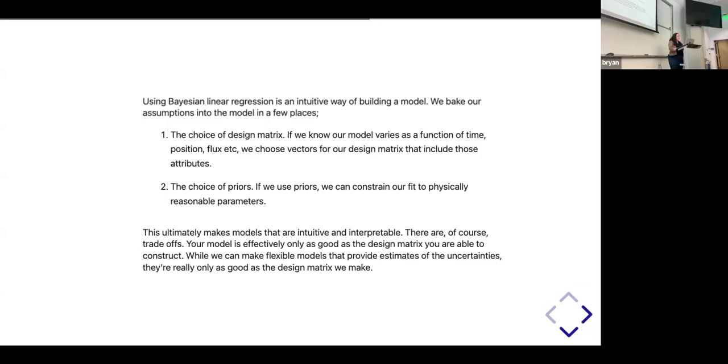We can make it fairly flexible and get uncertainties, but you won't be able to easily fold in the uncertainty of what if I made a bad design matrix. That's somewhere where Gaussian processes are going to excel. You don't have to build a design matrix, it's non-parametric. So it does naturally fold in the uncertainties of what if I made a bad model.